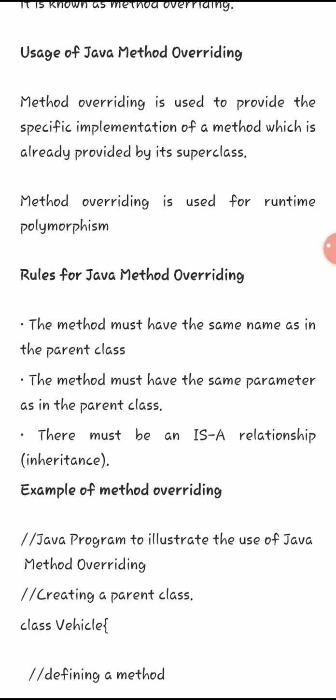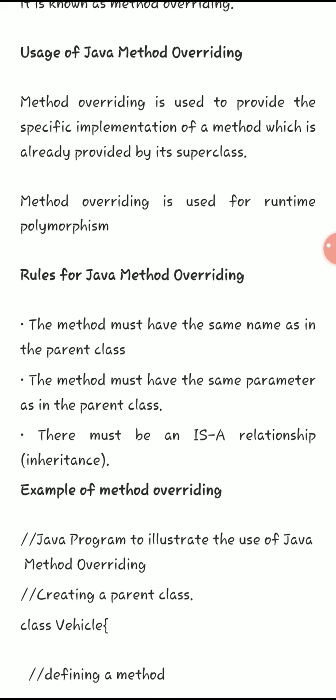Then we see the rules of method overriding. Method overriding happens when the base method and the derived method both have the same name and the same signature. You know the concept of method overloading: we can have the same name but different signatures, and at runtime whichever signature matches, that particular method is invoked.